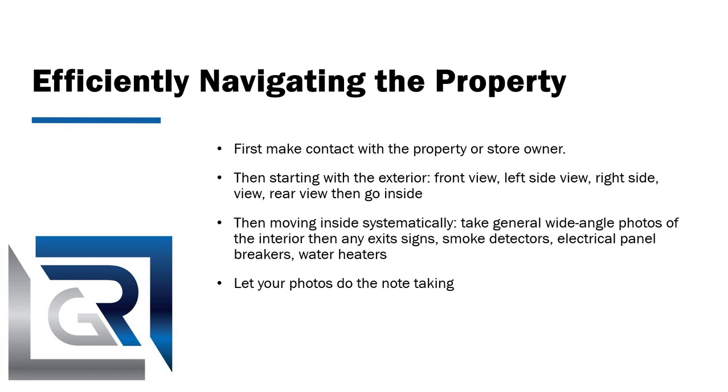So what I generally do when I'm on inspections, because I do inspections still, is that I do it pretty much the same way all the time, because then it becomes rote. It becomes muscle memory.